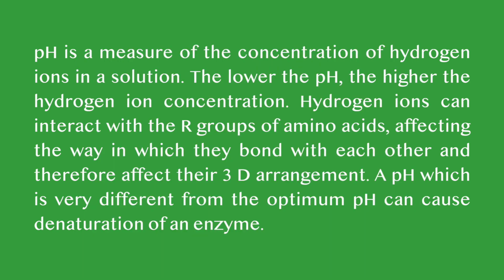Actually, pH is a measure of the concentration of hydrogen ions in a solution. The lower the pH, the higher the hydrogen ion concentration. Hydrogen ions can interact with the R group, the radical group of amino acids, affecting the way in which they bond with each other and therefore affecting their 3D arrangement. A pH very different from the optimum pH can cause denaturation of an enzyme.